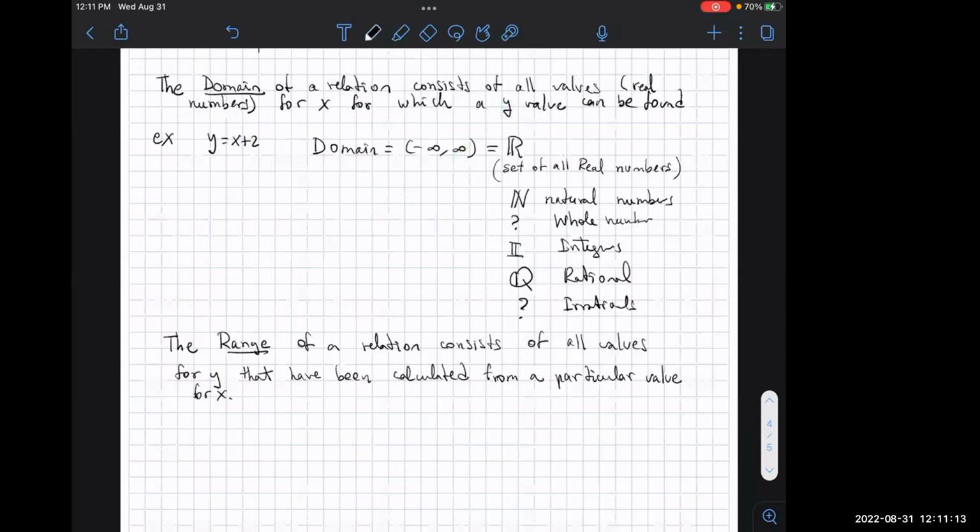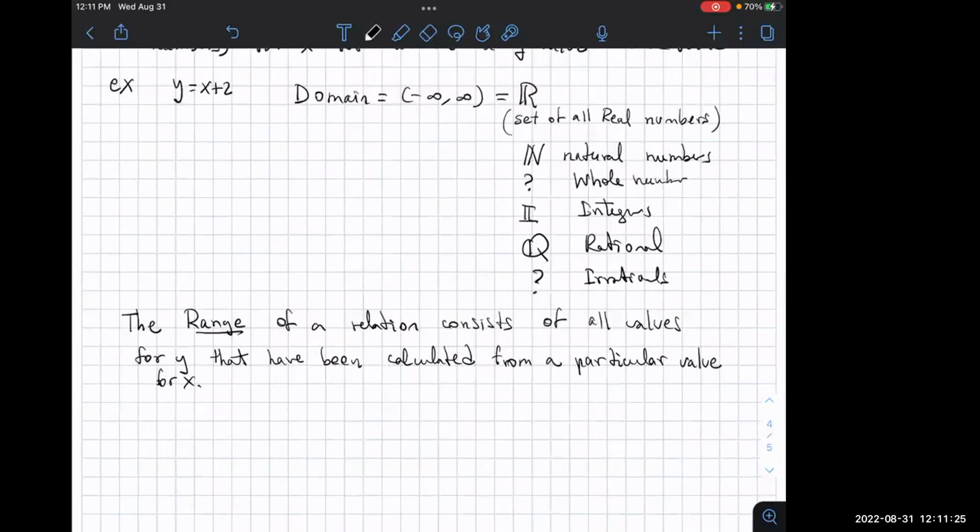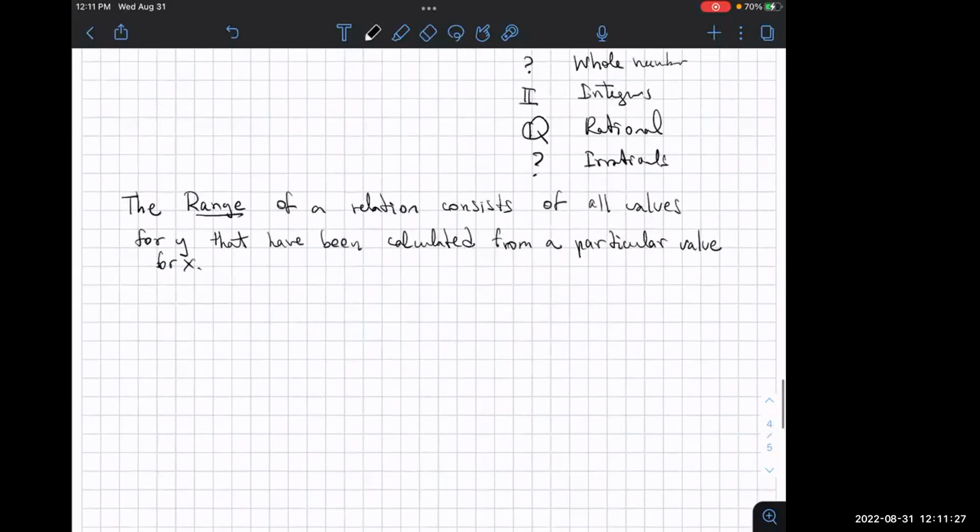Okay, so that is about relations. Now, some relations are said to be functions. So now we define which relations are functions.